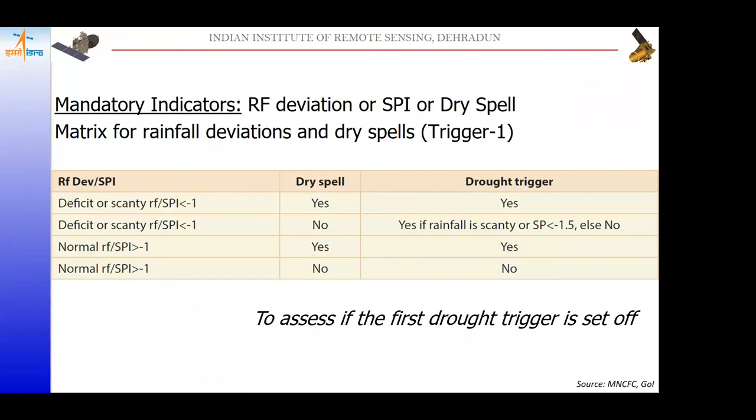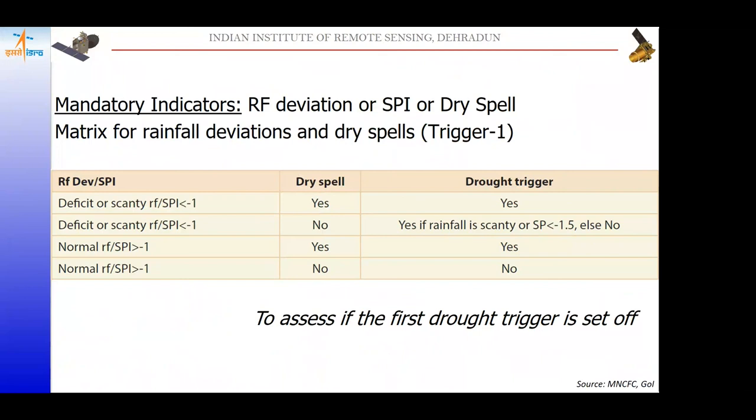While in case of normal rainfall, or SPI higher than -1, but if the situation of a dry spell is there, then this is also a drought trigger set of conditions. In the remaining case, with no dry spell condition, that is a situation of not a drought trigger set of conditions.